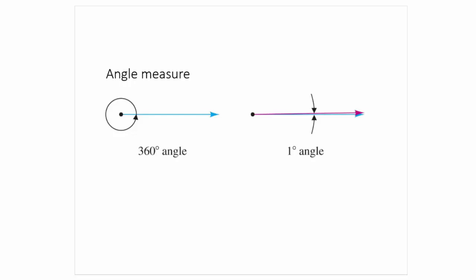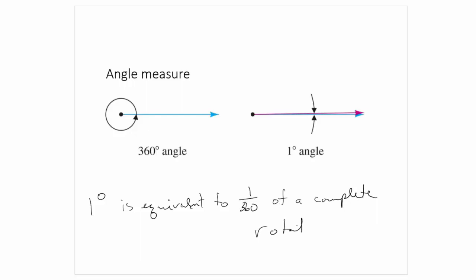Then a 1 degree angle, which I've shown over here on the right hand side, is equivalent to one 360th of a complete rotation.